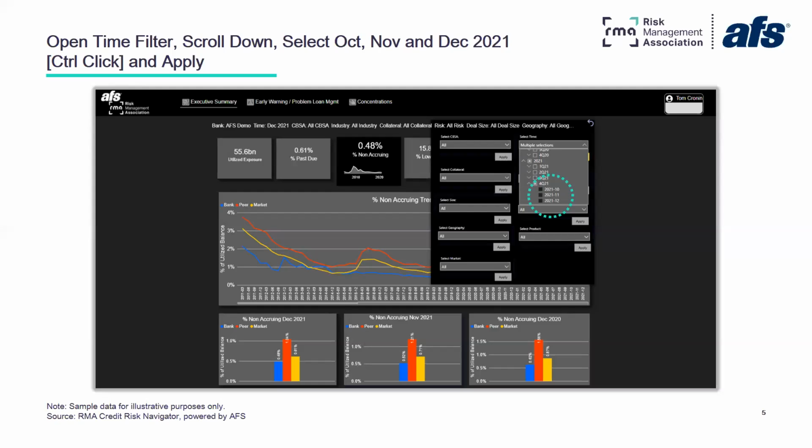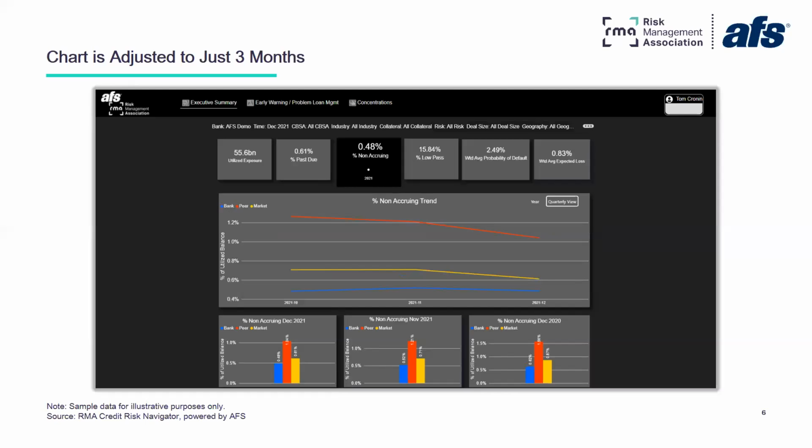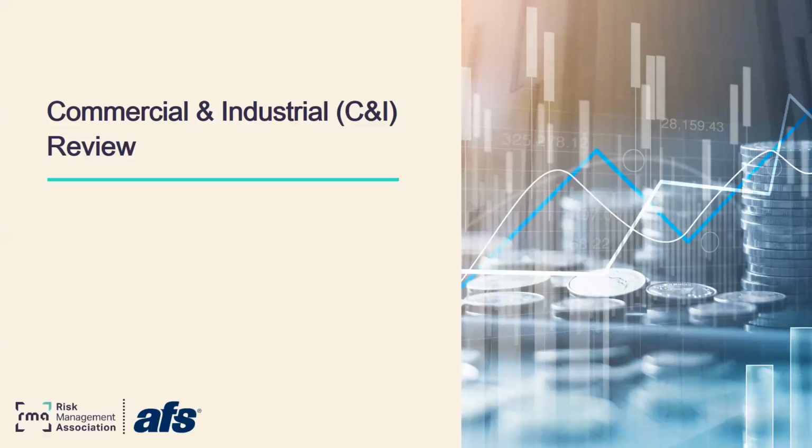You go back up to multiple selections, say apply, and the chart is changed just that quickly to the 3 months that you see here. So as those of you who use this, and anybody who's seen a demo before, know, the dashboard behind this is very friendly and very easy to use. I just want to take that time to answer that particular question.